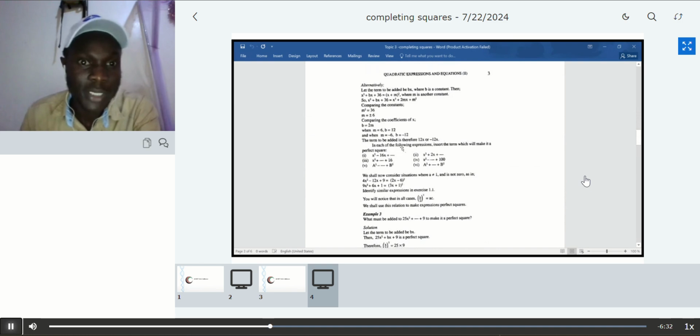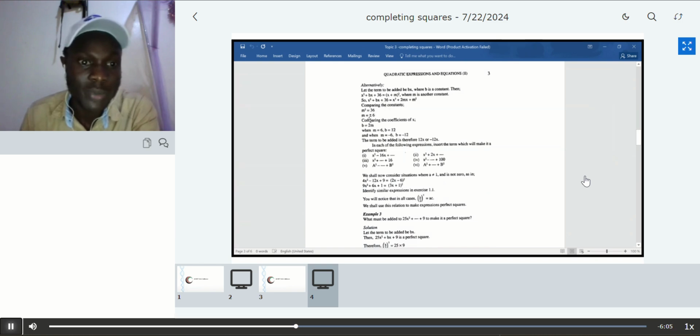Alternatively, we let the number to be added be bx, where b is a constant. Then x squared plus bx plus 36 is equal to x plus m squared. We introduce another constant, m. So x squared plus bx plus 36 is equal to x squared plus 2mx plus m squared. Now we compare the constants and equate, so m squared is equal to 36.